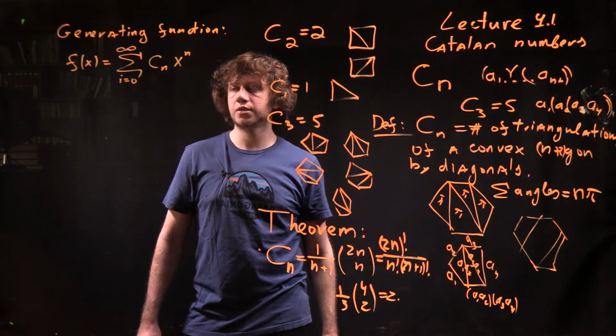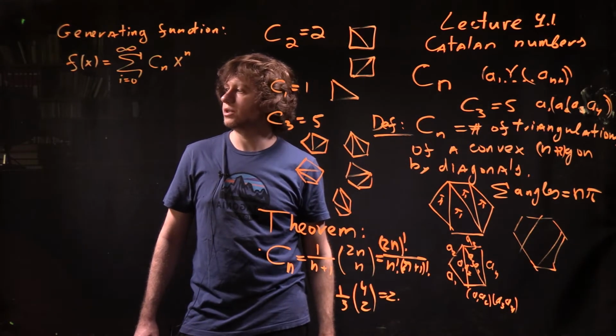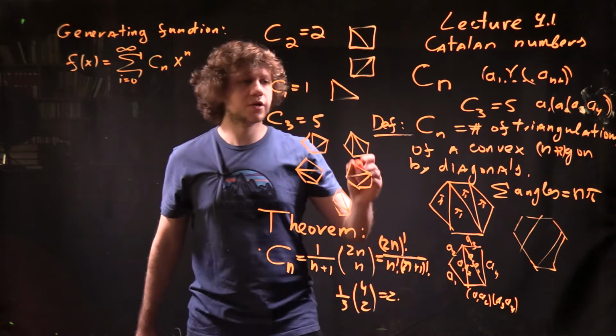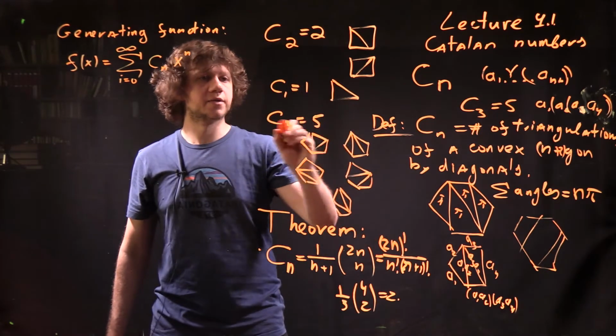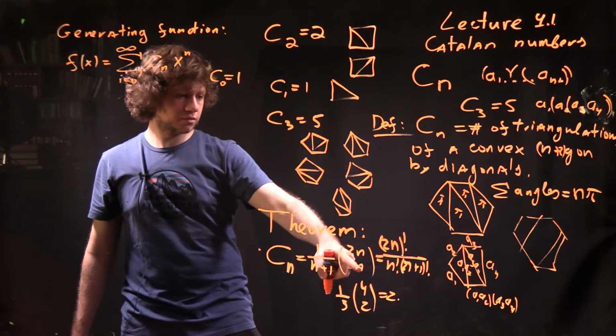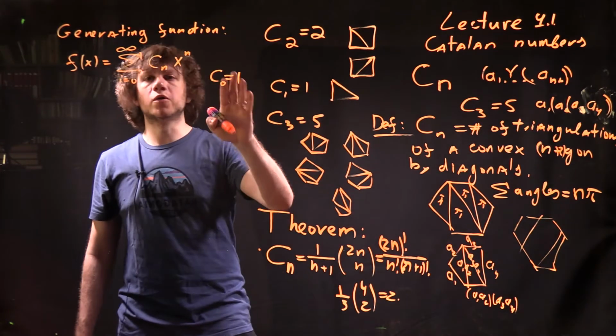By the way, is C_0 equal to 1 or 0? Let me think for one little second. Okay, yeah, so we also put C_0 equal to 1, and this is in agreement with this formula, of course. Anyways, so C_0 is 1.